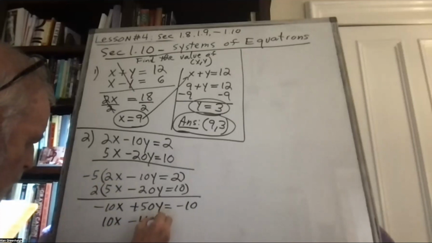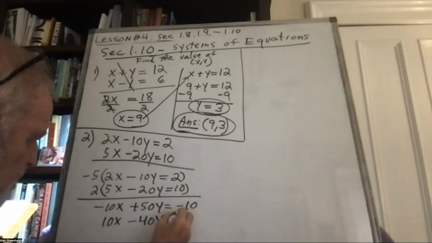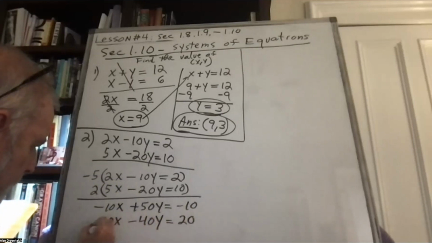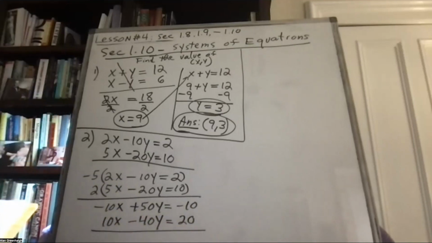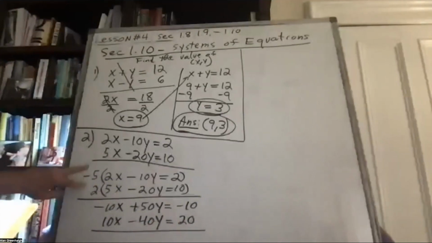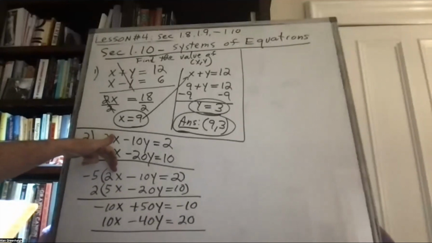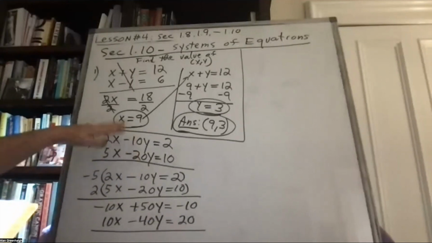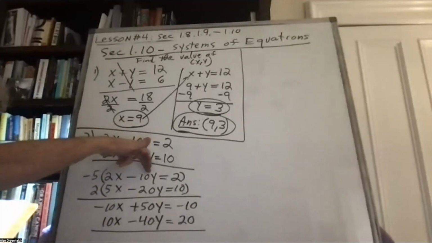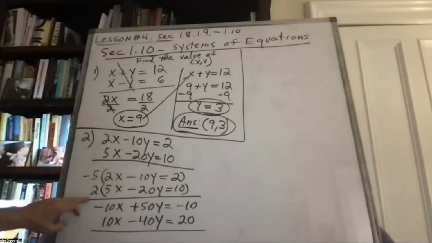Negative 40y equals 20. Check my work. That's what I'm doing now. And all of you should always check my work, because as you know, I'm prone to mistakes. So I always try to check as much as I can.